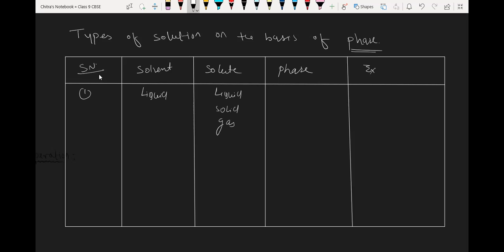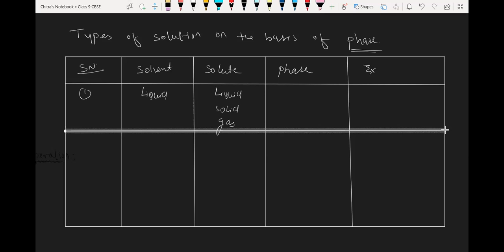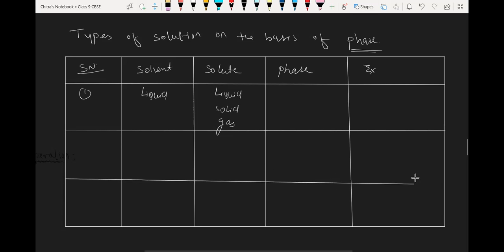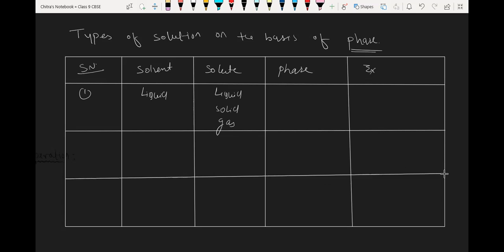Phase means solid, liquid, or gas. The solvent also can be liquid, solid, or gas. That's why I'm taking two more boxes here. So here we have first, second, and third. Then we have fourth, fifth, and sixth.